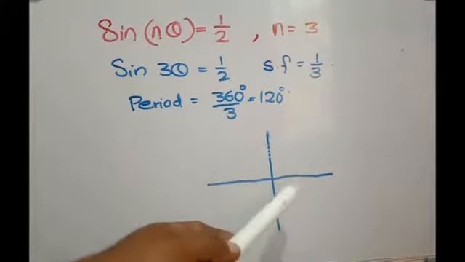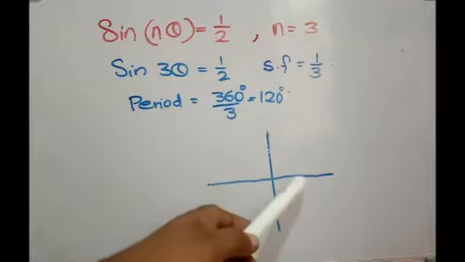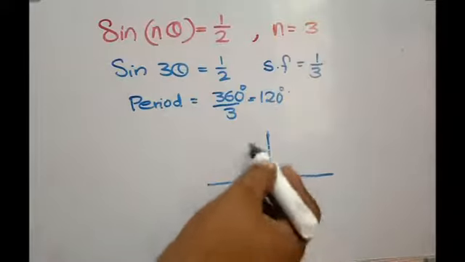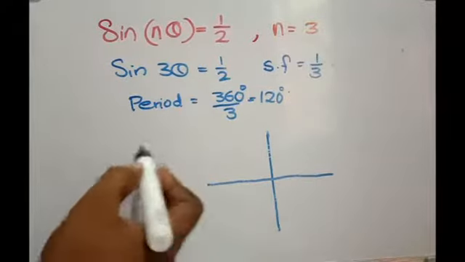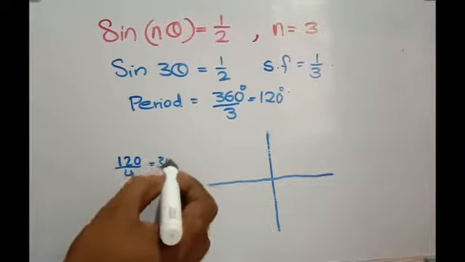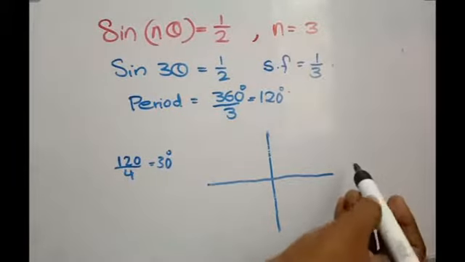If the period is 90 degrees, the complete rotation makes only 90 degrees. So it's based on the period. So the complete rotation, that means 4 quadrants, makes 120 degrees. That means each quadrant makes 120 by 4, 30 degrees.